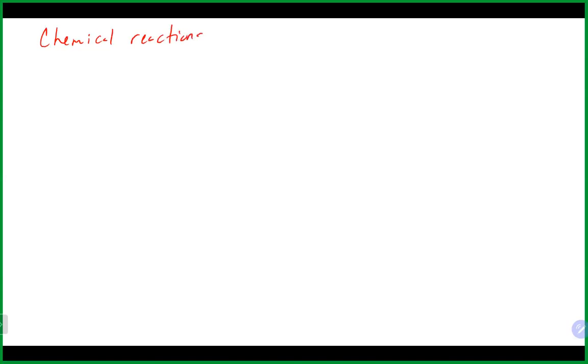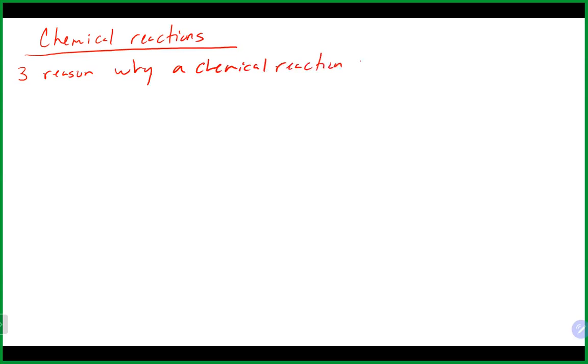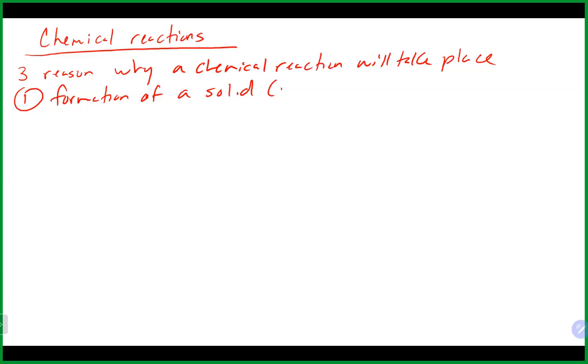There are really 3 reasons why a chemical reaction will take place. One reason is the formation of a solid, which is sometimes referred to as a precipitate, abbreviated PPT. The other reason why a reaction takes place is the formation of water.